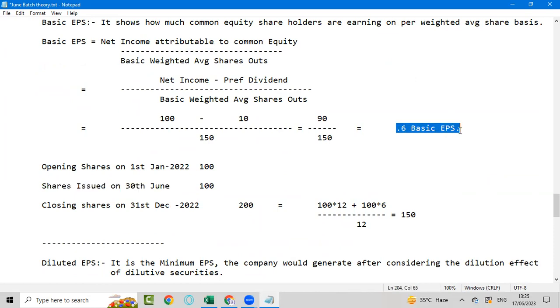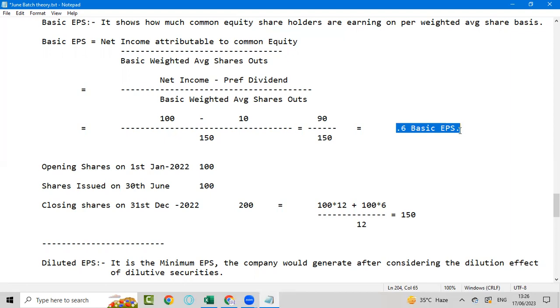And then I will not consider those securities which have actually converted in my diluted EPS. While calculating my diluted earning per share, I consider those securities which have not been converted. I don't consider those securities which have actually converted. Making sense? Okay.